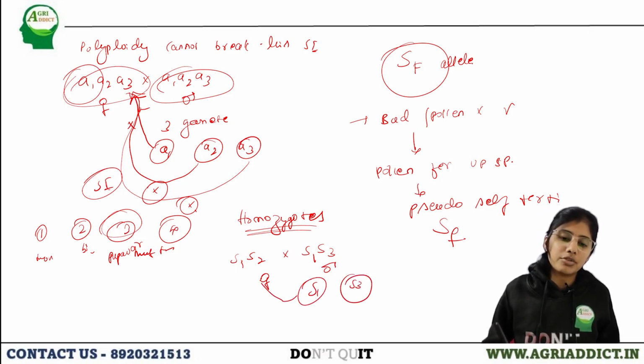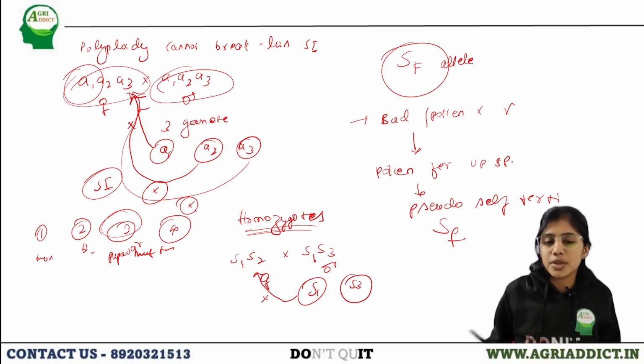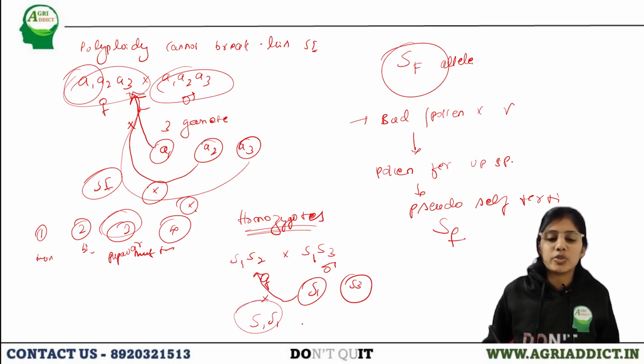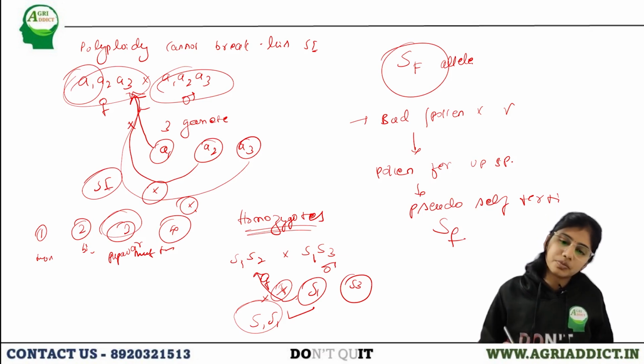So if it is going and fertilizing this, it won't accept at all. If it had affected the fertilization, then only we could have got this homozygous condition. So since this plant won't accept this self pollen, which is having the same self-incompatibility allele, we cannot expect the homozygotes in this gametophytic system of self-incompatibility.